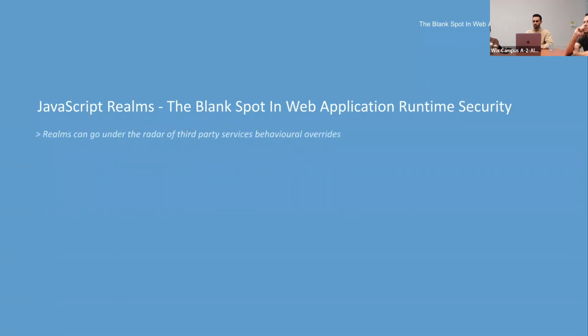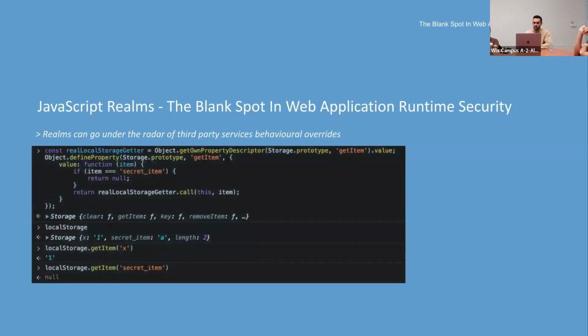So let's talk about the first one: the fact that a realm can go under the radar of a third-party service. Let's take the example from before. Earlier we demonstrated how we monkey patch the getItem property of the local storage to make sure that no one has access to it.